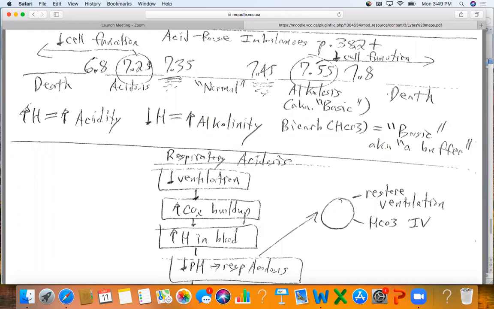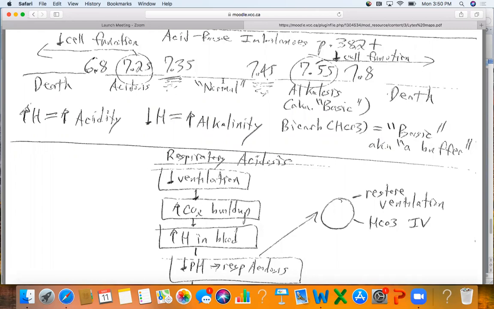In other words, if we just look at this sliding scale here, if we go down to acidosis, then we can expect the body may try to produce bicarb to bring us back up to a normal range. If we become alkalotic, we might expect the body to hold on to CO2 so that it can become more acidic and bring us back to a normal range.